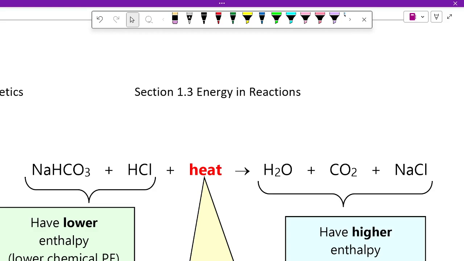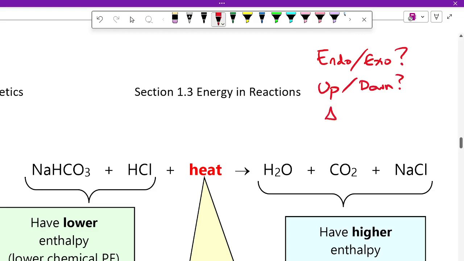Should the graph go up or down? Is delta H positive or negative?